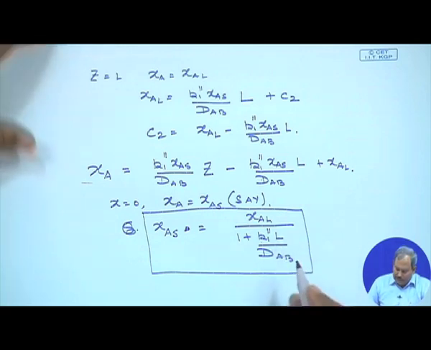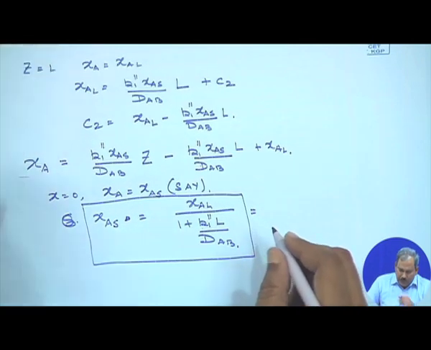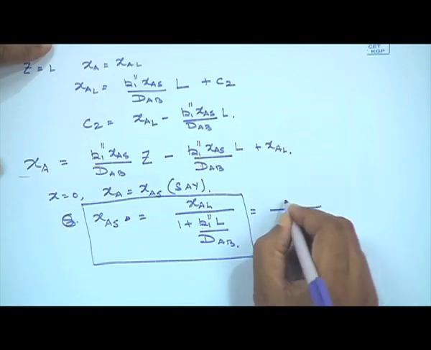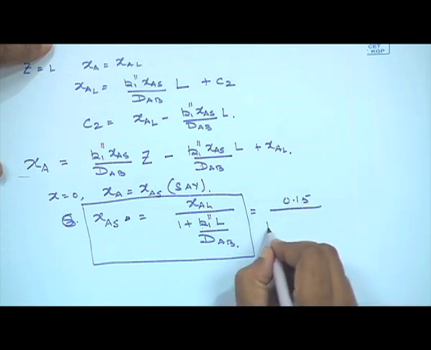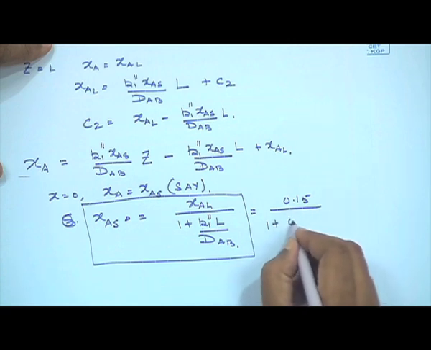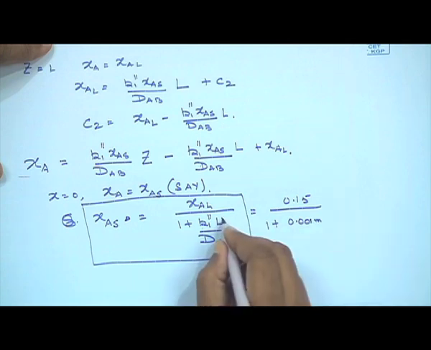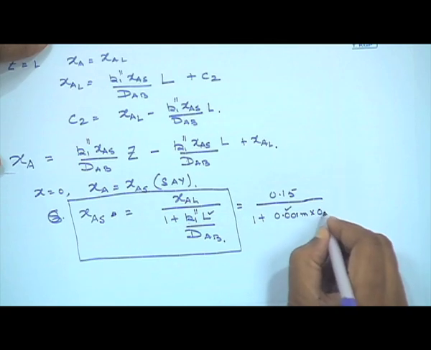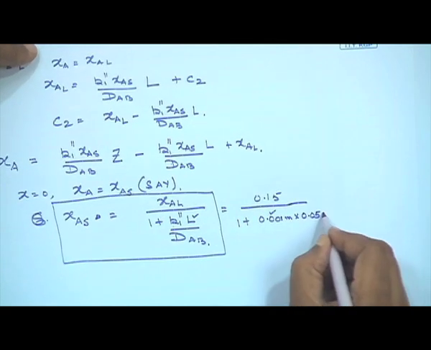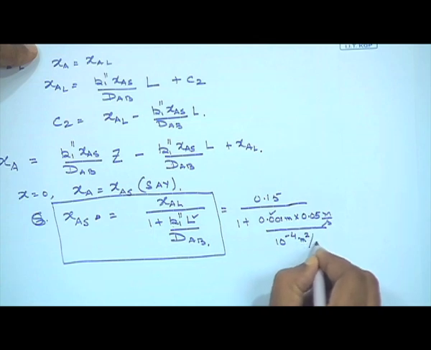Once we have that, I should be able to plug in the numbers over here. So, XAS would simply be equal to XAL, which is 0.15, as provided in the problem, divided by 1 plus K1 double prime times L, where L is 0.001 meter and K1 double prime is 0.05 meter per second, divided by dAB, which is given as 10 to the power minus 4 meter square per second.